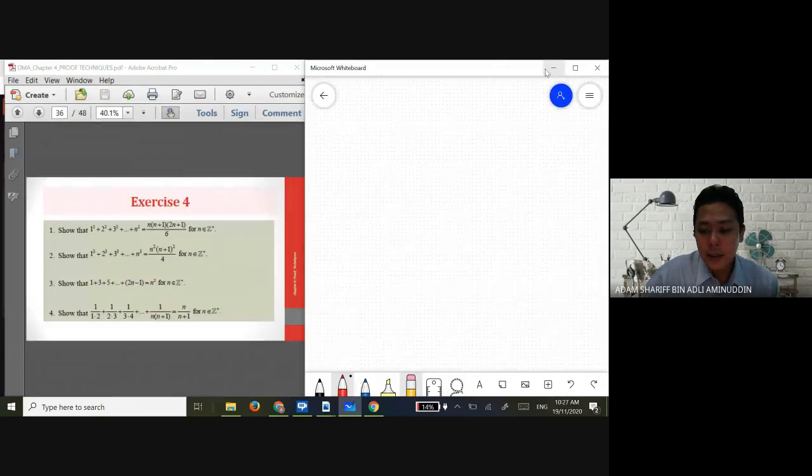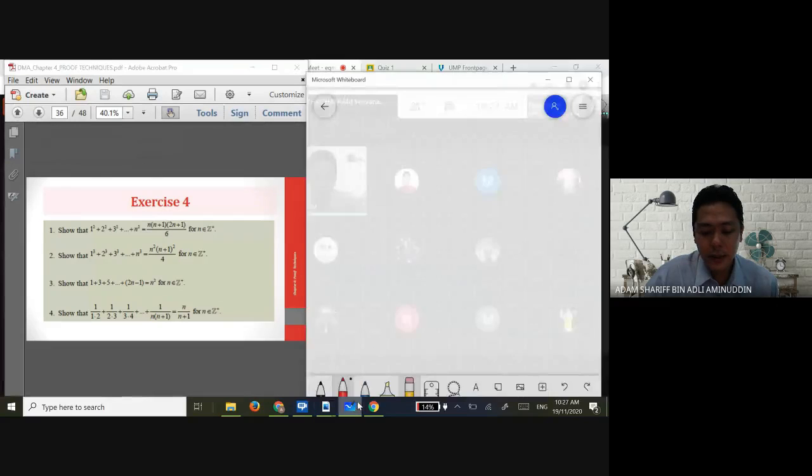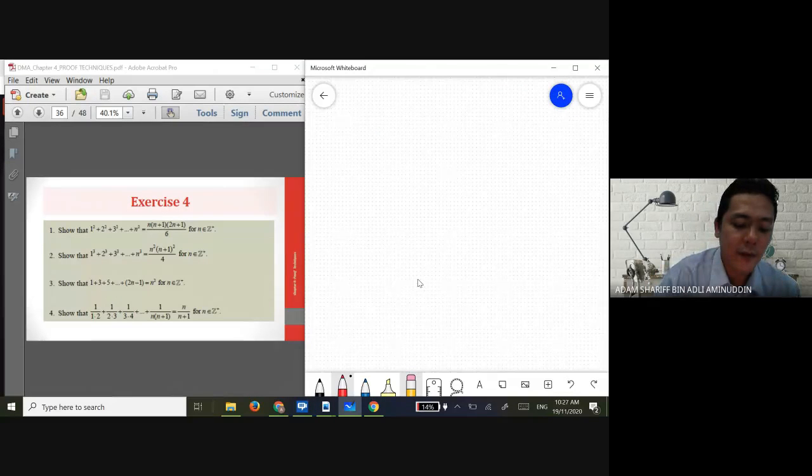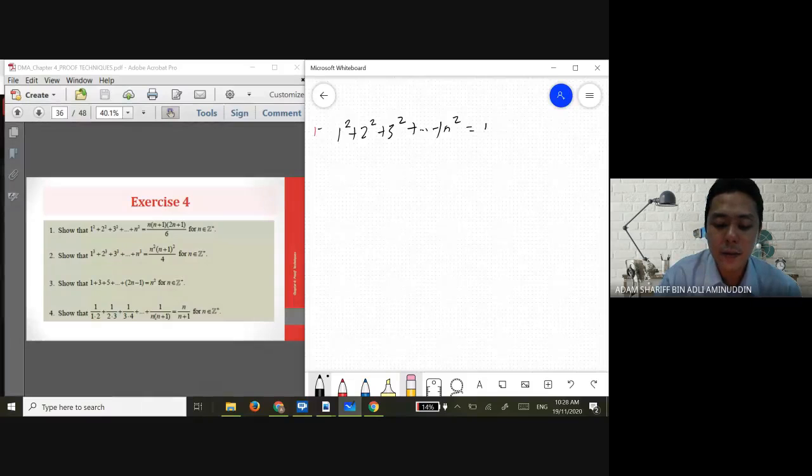Kita cuba tengok. Okay, the first question, just to refresh yourself, you need to prove by using the mathematical induction that the sum of 1 squared plus 2 squared plus 3 squared plus blah blah blah plus n squared equals to n(n plus 1)(2n plus 1) over 6.